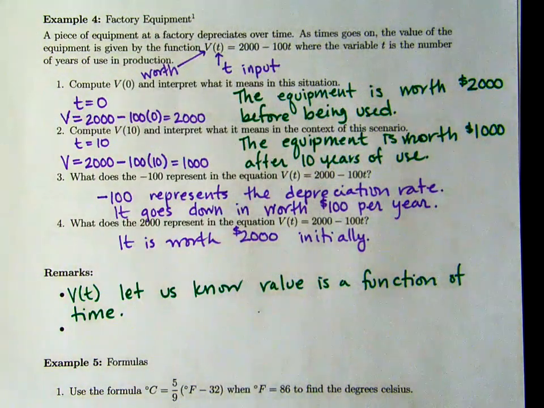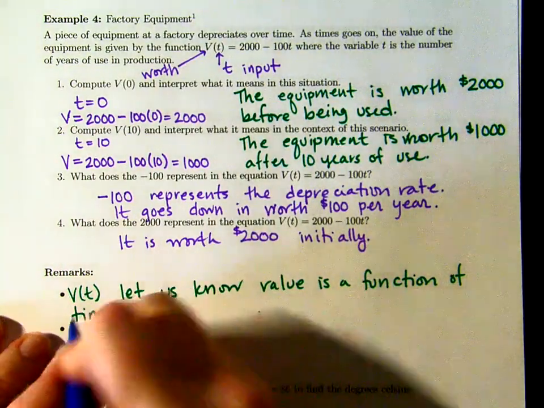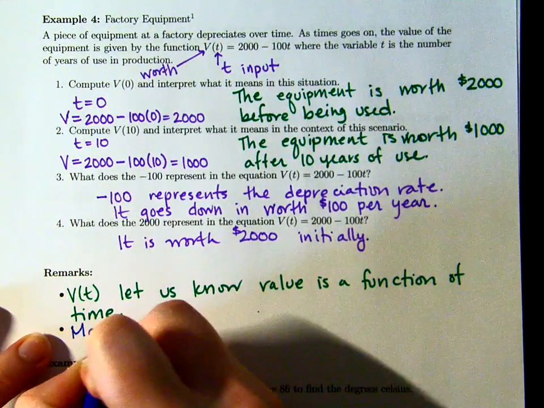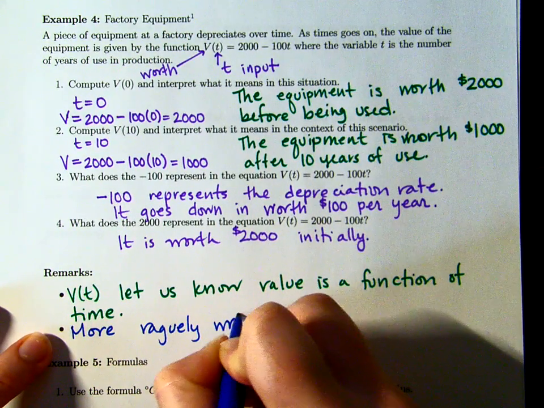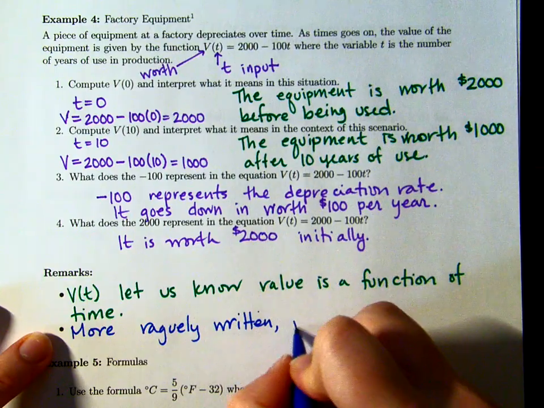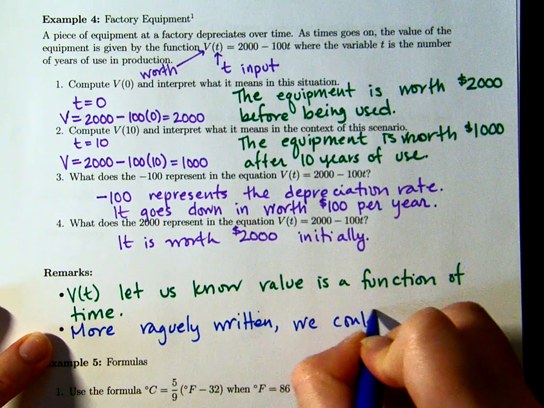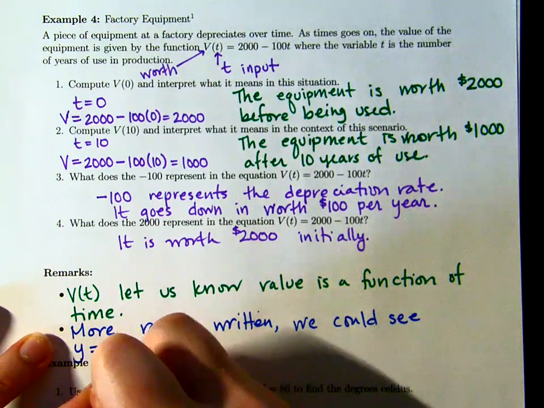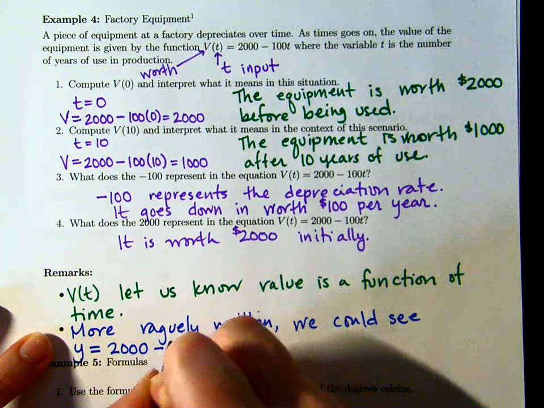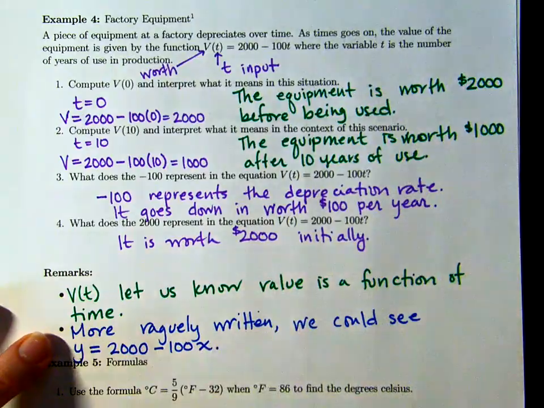Okay, and this could have been more vaguely written. We could see y equals 2,000 minus 100x.